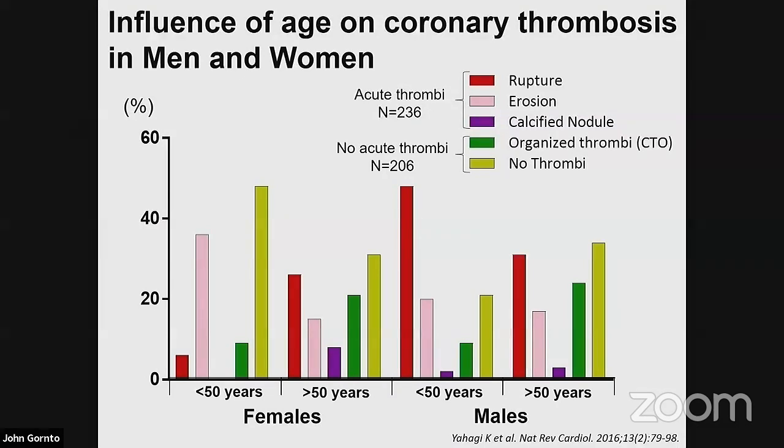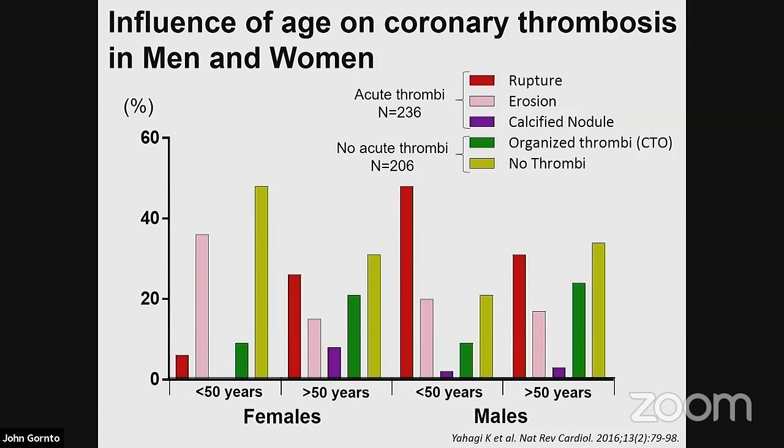So in summary here, I'm showing you the influence of age on coronary thrombosis in men and women and the various types of plaque. On the left is females, on the right is males. You can see less than 50 years, over 50 years. The majority of the lesions in women less than 50 years is plaque erosion, the pink. Beyond 50 years, it is predominantly plaque rupture in women.